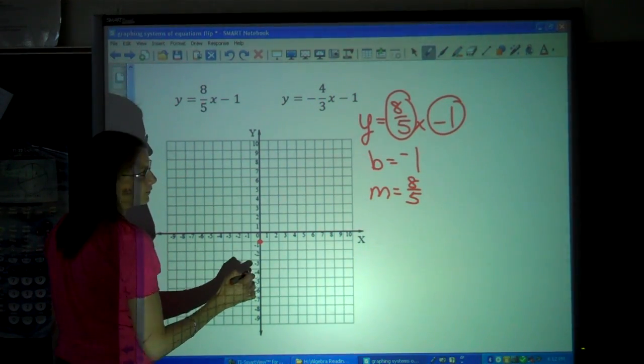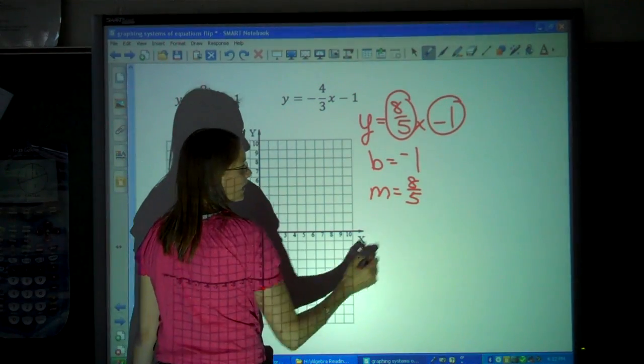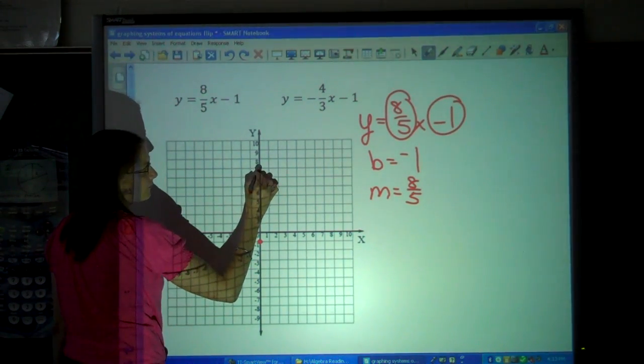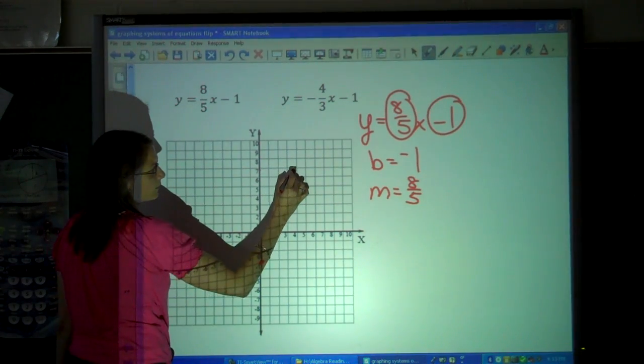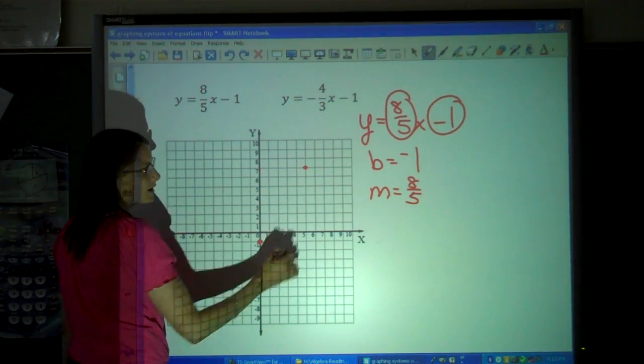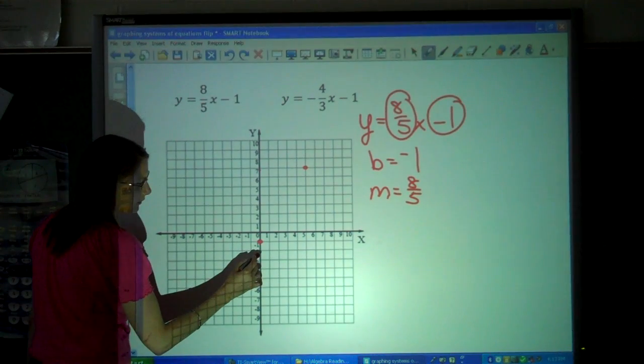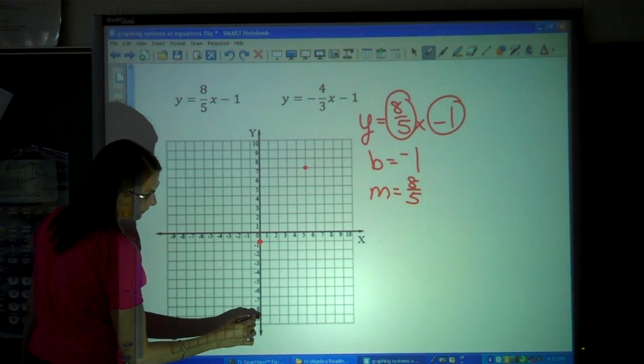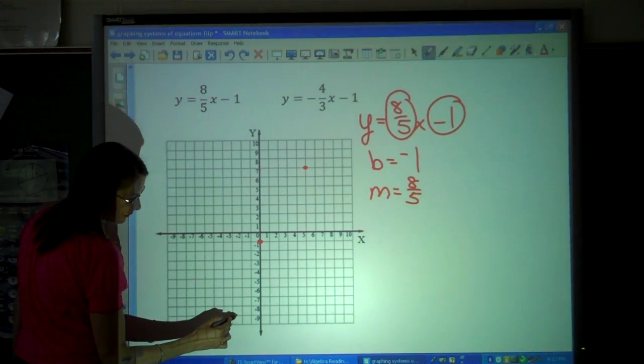That's my y-intercept. My slope is up 8 and forward 5, because this is a positive slope. And then I'm going to do the opposite, down 8 and backwards 5.